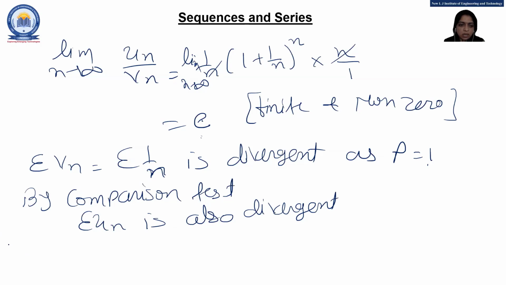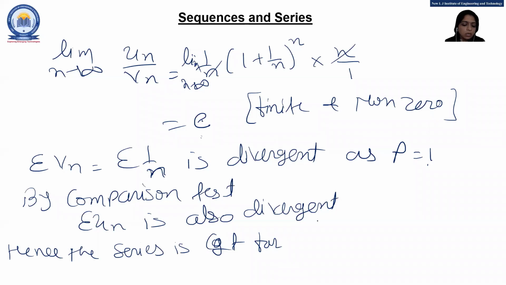So we can say that the series is convergent for x less than 1 and divergent for x greater than or equal to 1.